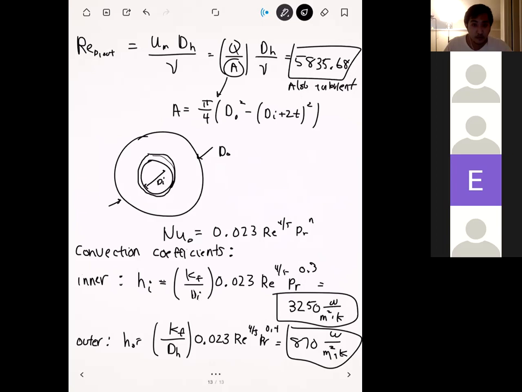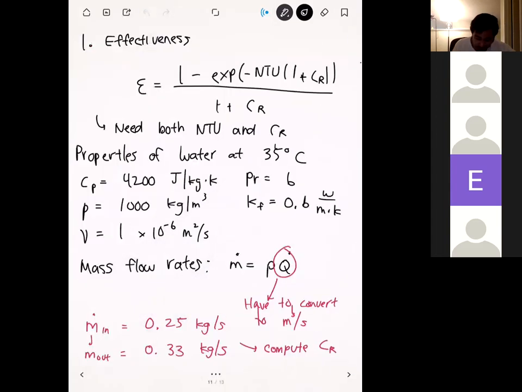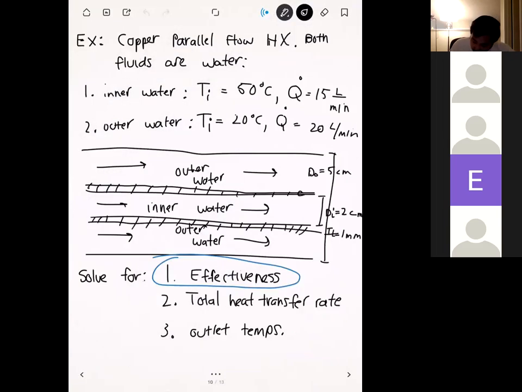Professor, quick question. For area, where you have DI plus 2T squared. Will the T ever be given, or is that just supposed to be DH? So the T is given in this problem. The T is the thickness of that inner pipe, and so that's basically this distance right here. It's really small, and I was kind of messy at the beginning of this problem, but T for this problem is 1 millimeter.